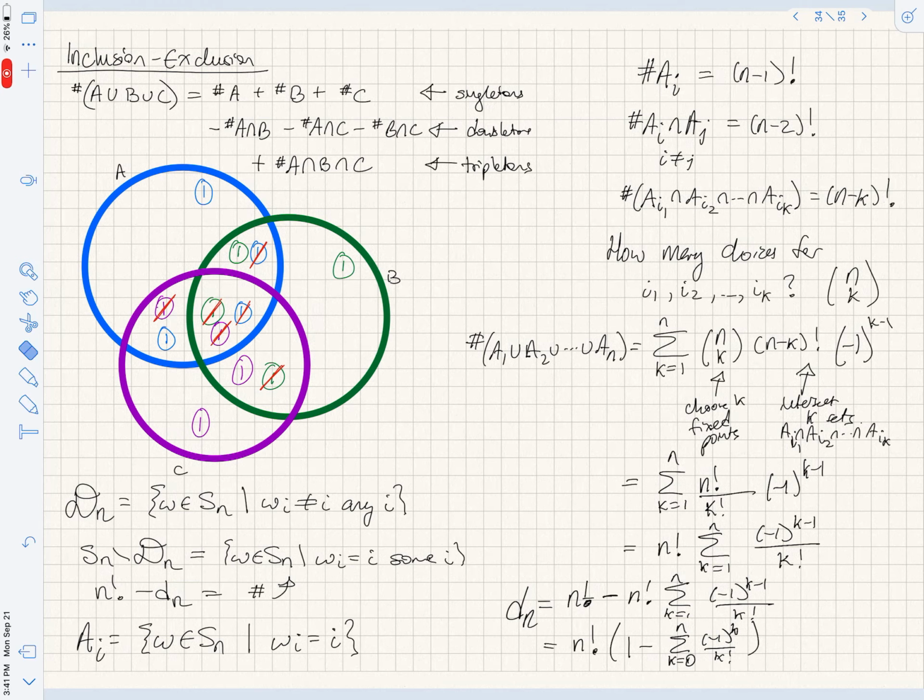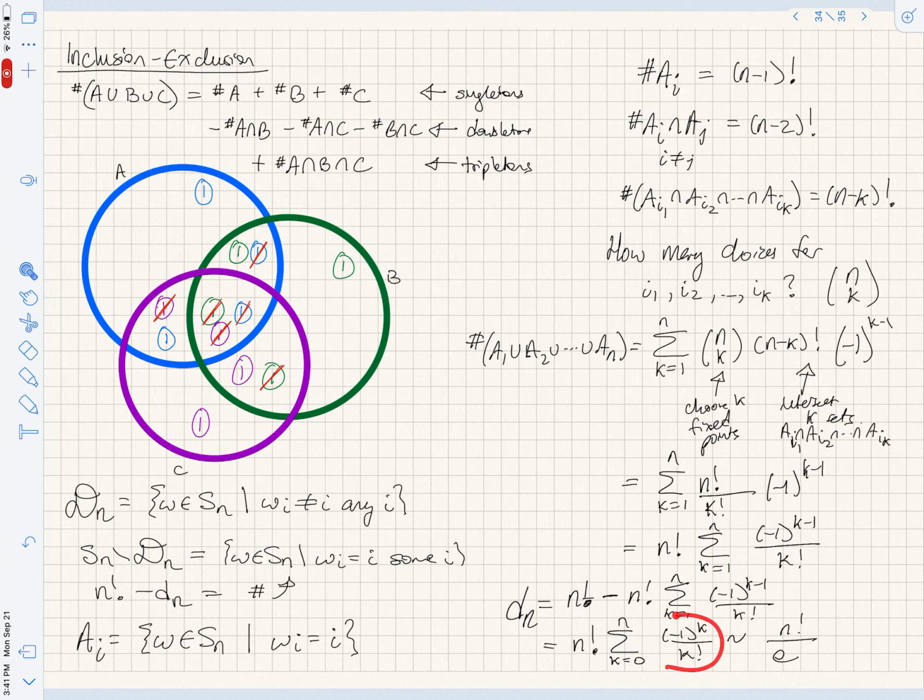So this is actually the same as just taking the sum from k equals 0 to n of minus 1 to the k over k factorial, which is basically n factorial over e. And that's the formula for the derangement numbers.